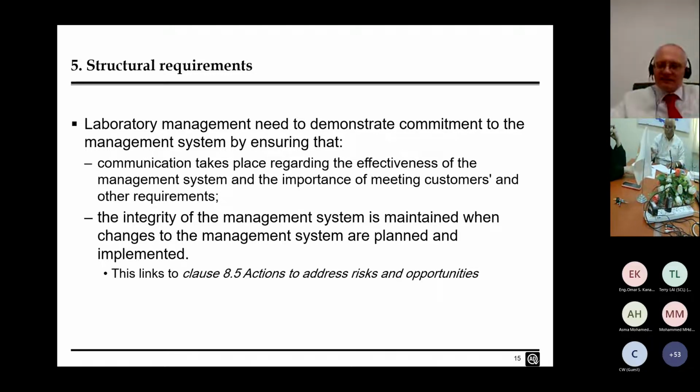And when any changes are made, the laboratory management, the top management of the laboratory should ensure that the management system remains an integral unit, that it all works together so that you have a system that works and can be followed. The biggest risk of any laboratory, any quality system, is that people stop following the procedures and start doing their own thing, because often the procedures are out of date or not effective, or they don't reflect the way people work.